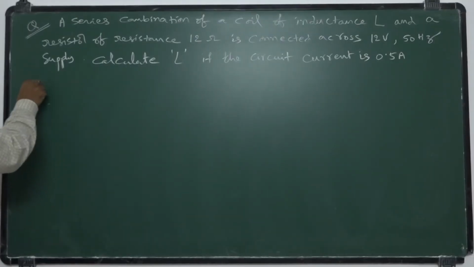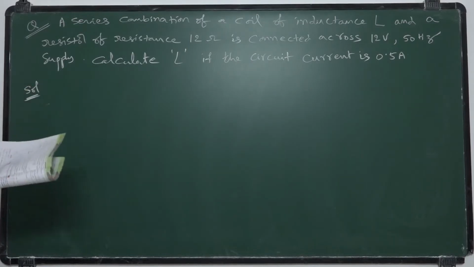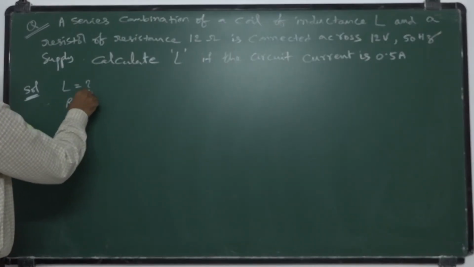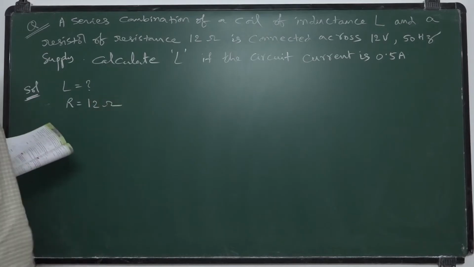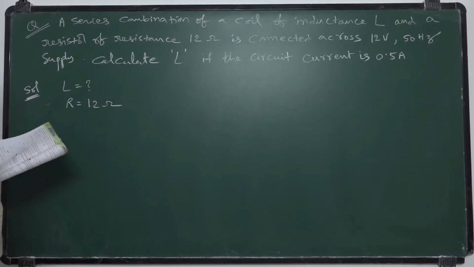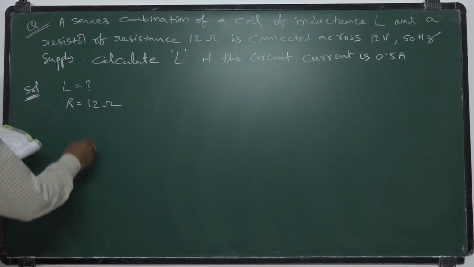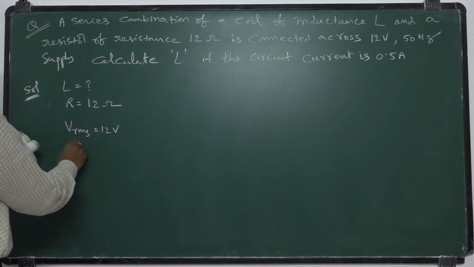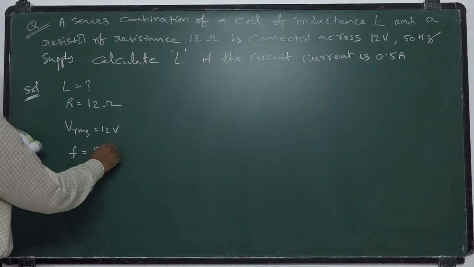Solution. As per the question, here is a series combination of L and R. L value is not given. R value is given to be 12 ohms and they were connected to a supply of VRMS 12 volts, frequency 50 Hz.